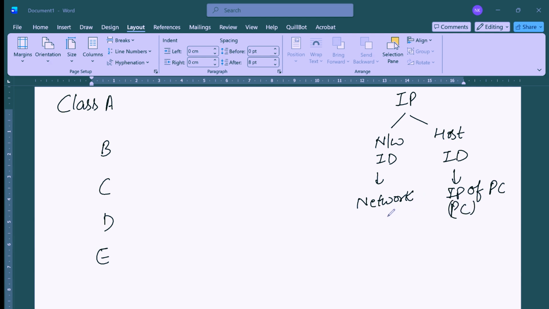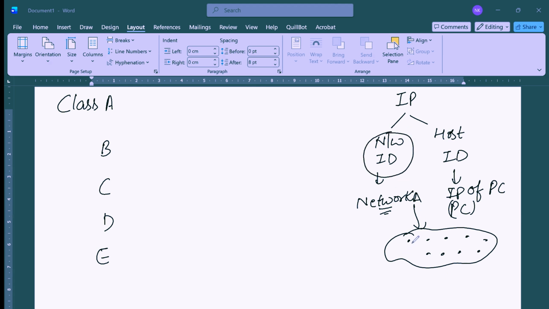To understand it, a network may consist of multiple PCs. All the PCs in any network A will have the same network ID. However, each and every device in that same network will have a different host ID associated with it.